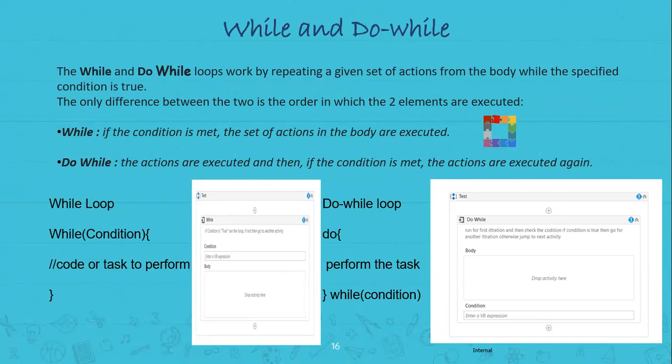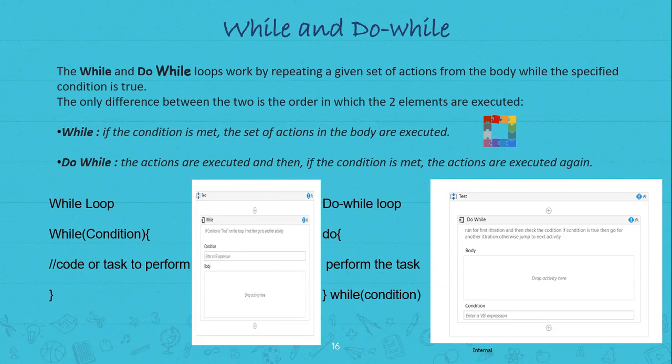So while loop is also called entry control loop. You know why this is called entry control loop? Because it controls the entry of a person into that loop at the first step.